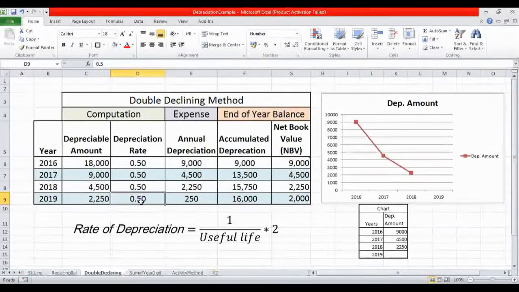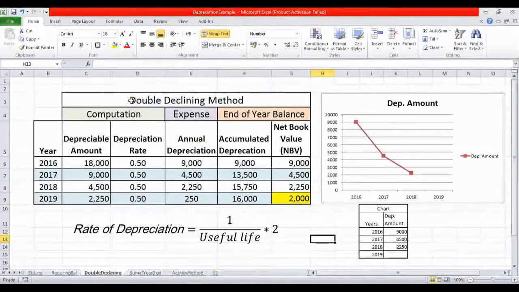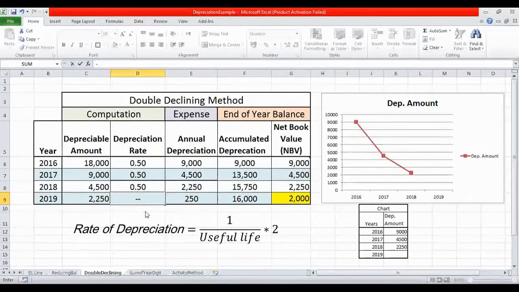Rather than applying 50%, we cannot apply 50% now, because if we apply 50%, it will be 1,125. So rather than doing this, because we need to report 2,000 at the end, that is why we are not calculating 50%. So I will remove it over here. We are not calculating 50% over here.